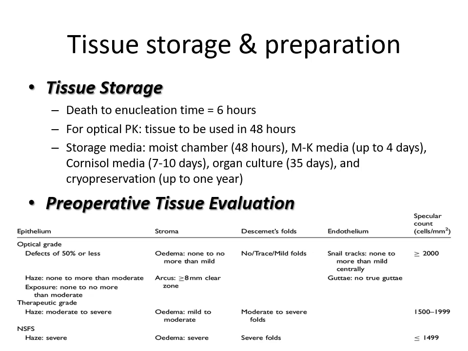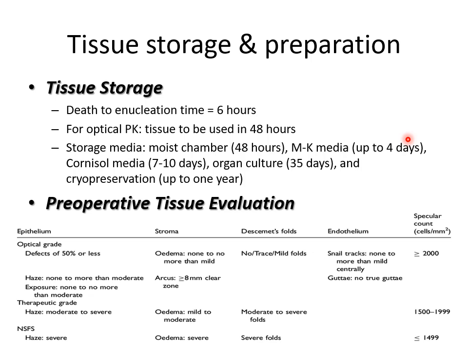Now, in today's class, I've not elaborated too much on tissue storage and preparation because it's a class on penetrating keratoplasty. So, when we talk about tissue storage, the death to enucleation time, that is the ideal time for harvesting the cornea, is 6 hours. For optical PK, the tissue is to be used in 48 hours.